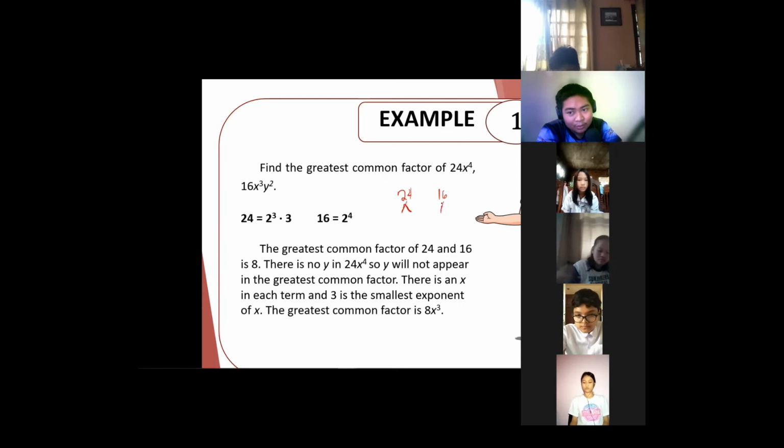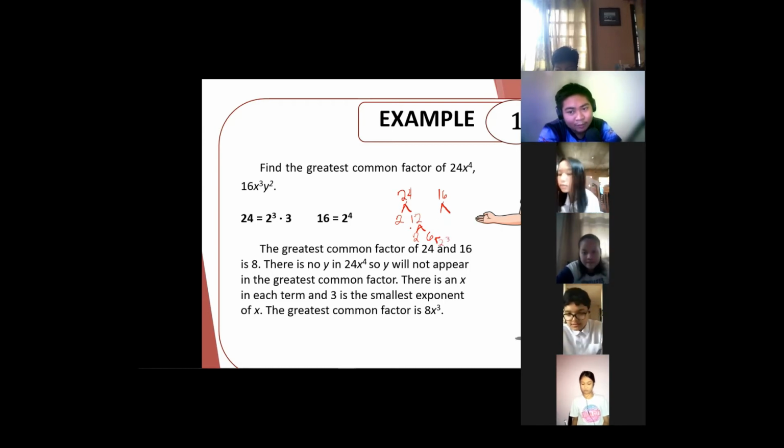You're going to divide them. 24 can be divided by 2, that would be 12 times 2. 12 can be divided also by 2, that would be 6. Then 6 would be divided into 2 times 3. So we have the factors 2 times 2 times 2 times 3.